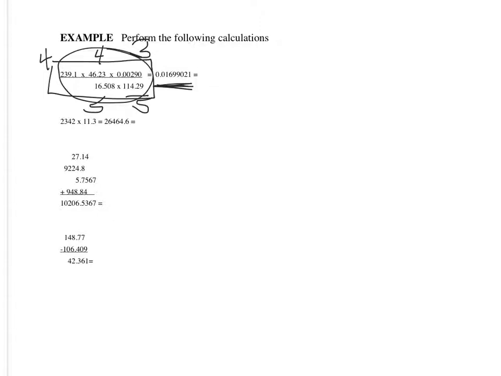So based on that information, you need to round your final answer to 3 significant figures, because that's the least number of sig figs given to you in your problem. So when we round that to 3 sig figs, it becomes 0.0170. Notice that the 9 bumped up the previous 9, which bumped up the 7 as well. So that's what we end up getting there.